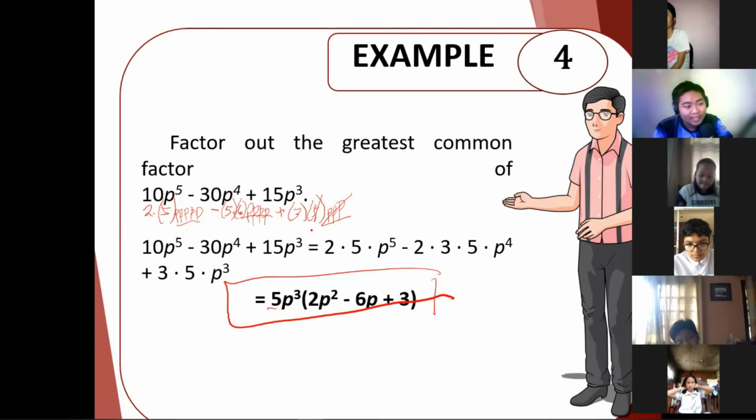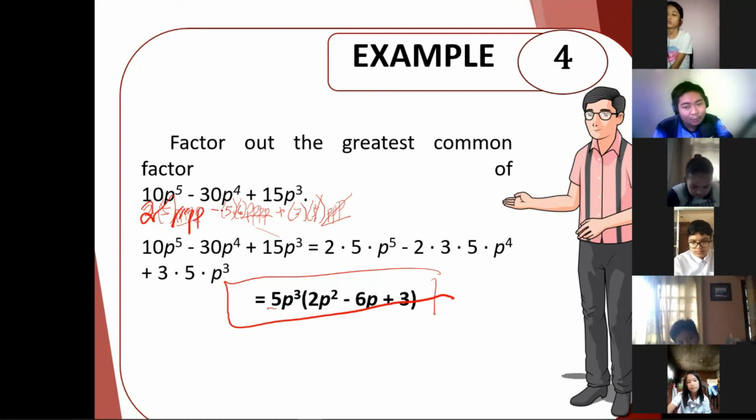Yun yung common sa kanilang lahat. And then, ang ilalagay sa parentheses would be the ones left. So, tanggalin mo si 5, tanggalin mo yung tatlong p. Ilan matitira? We have p squared, or 2p squared.